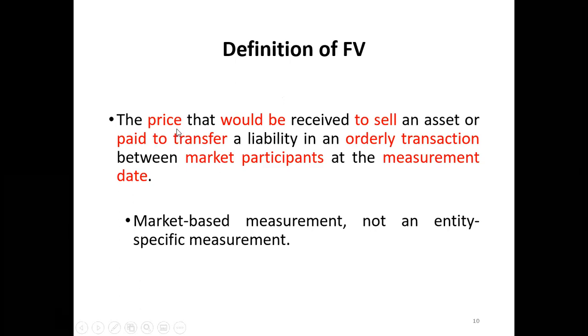It is a price that would be received to sell an asset. So what kind of price is that? In the sense, is it an entry price or an exit price? They are talking about the price that would be received to sell an asset. If you sell that asset, what is the price that you would get?